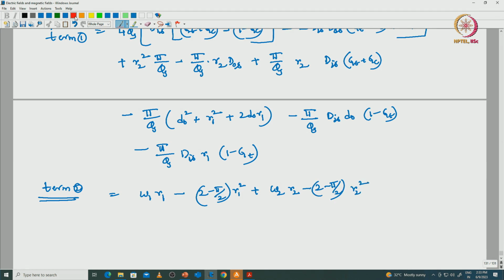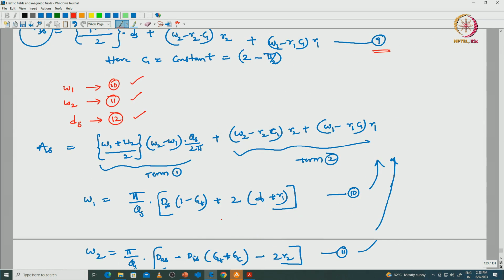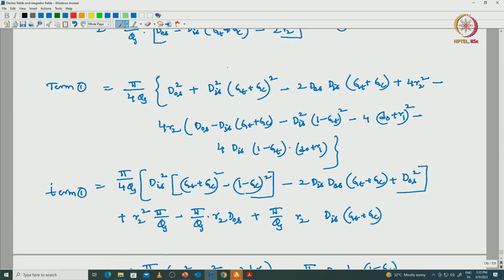Here 2 minus pi by 2 is nothing but C1 we have considered while discussing the slot area. Here we can see the C1 is a constant, that is 2 minus pi by 2.